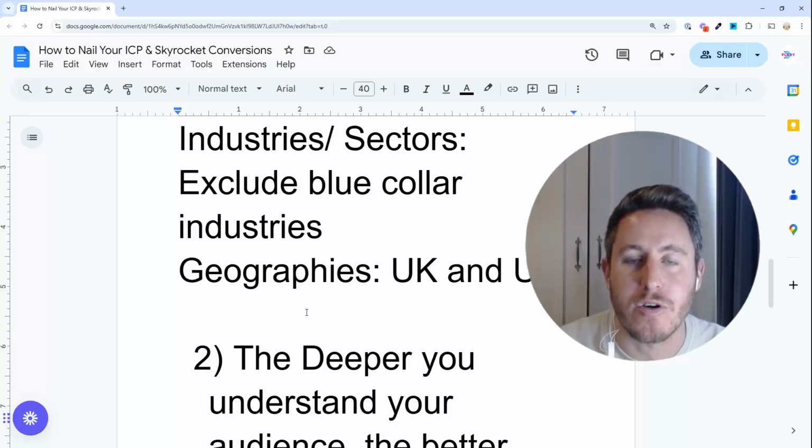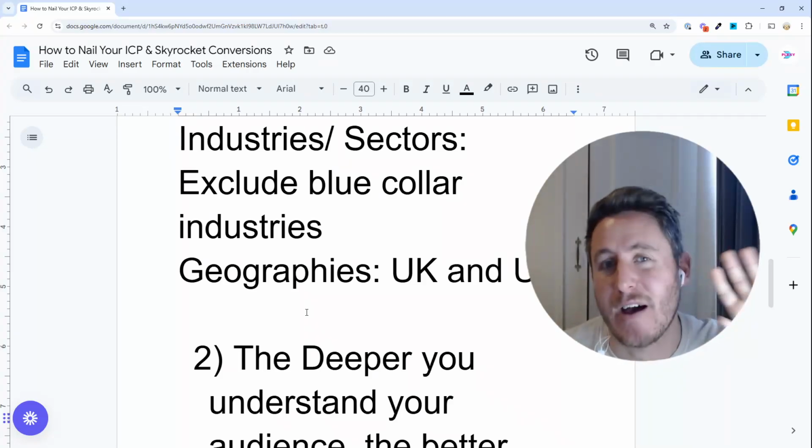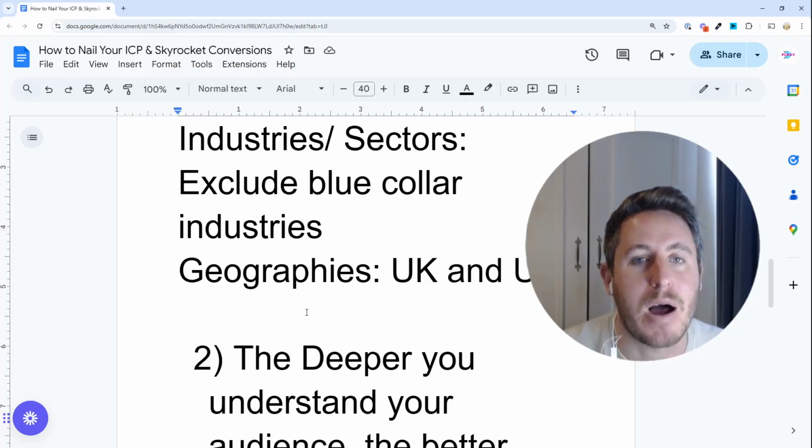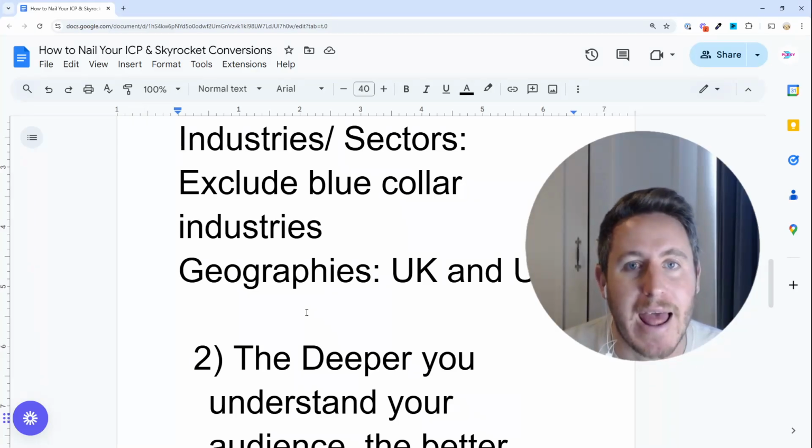In terms of geographies, how I generally see it, the UK is generally about a tenth of the size of the US. You can generally take the audience size in the UK, multiply it by 10, and that'll be roughly the audience size in the US.